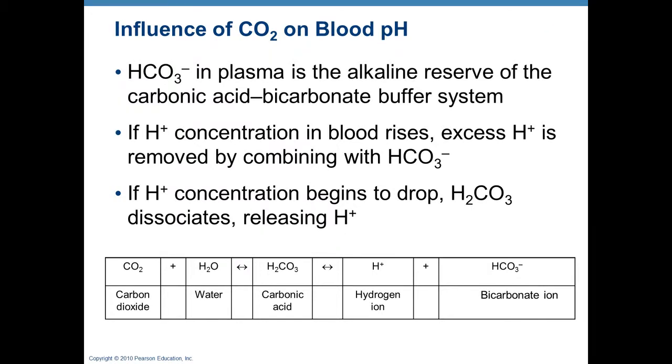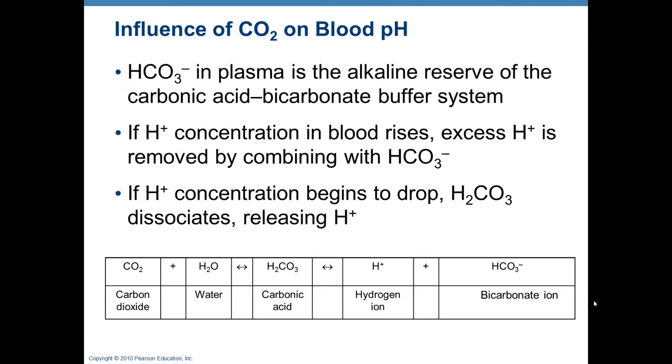Okay, carbon dioxide has a huge influence on the pH of your body fluids. The more of it that there's around, the more acidic your body fluids will be. If there's less around, the more alkaline your body fluids will be. And it's nice that carbon dioxide and water react, and we have these enzymes in our red blood cells to make these chemical reactions that go back and forth happen, because this is actually the key thing that controls the pH of your body fluids.